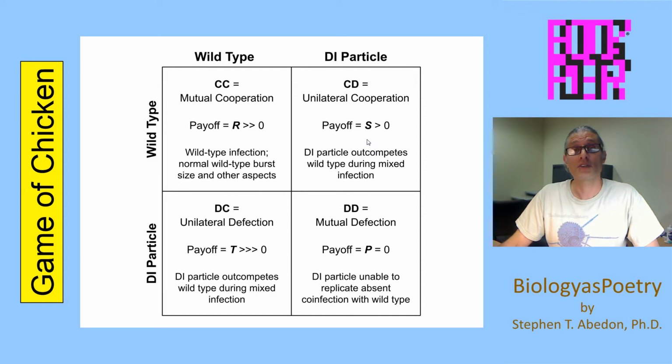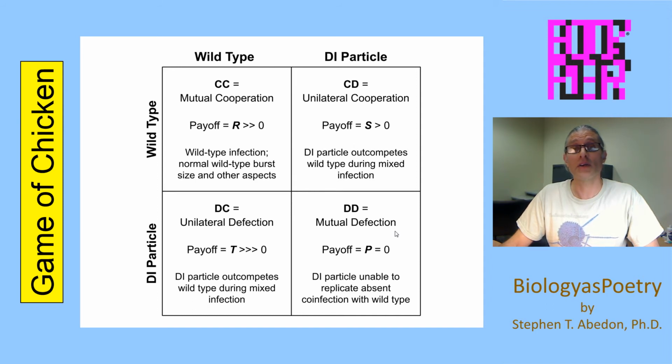They evolve under circumstances where the infection of a cell only by a DI particle is relatively rare, and this can happen when the density of the wild-type viruses is high in the environment, both because there are lots of wild-type viruses around and because the proportion of the viral population consisting of wild-type viruses is much higher than that consisting of DI particles.